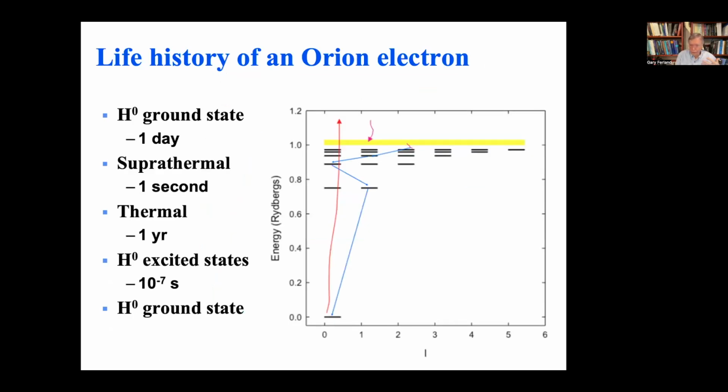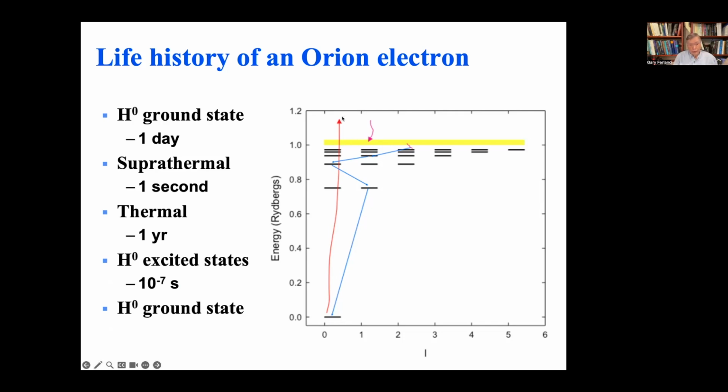Let's put timescales on this, as the density scale would put it in perspective. For the central regions of the Orion Nebula, fairly close to the O star, an electron in the ground state will sit there for about a day before a photon strikes the atom, it absorbs the photon, and it becomes a photoelectron.